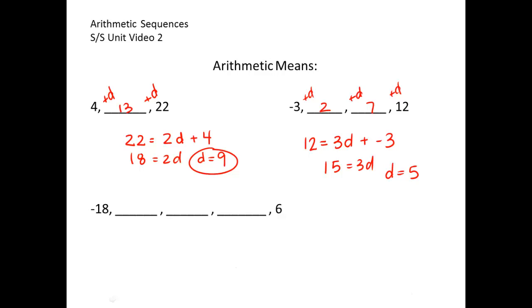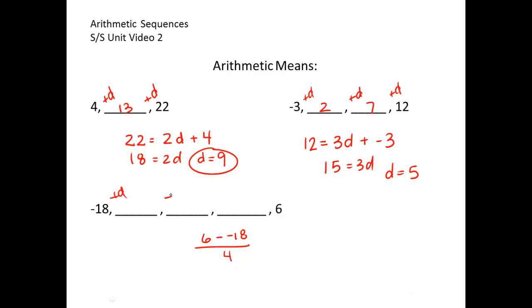Okay, there's another way to do this, and you end up with the same result. I'm going to take the last one minus the first one, and divide by the number of common differences. Essentially that's what you're doing, just like what would have happened in the previous example. So my number of common differences here is 4.